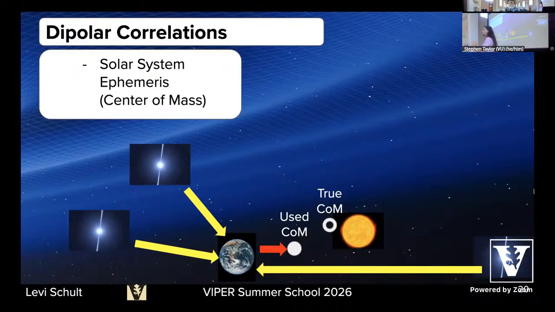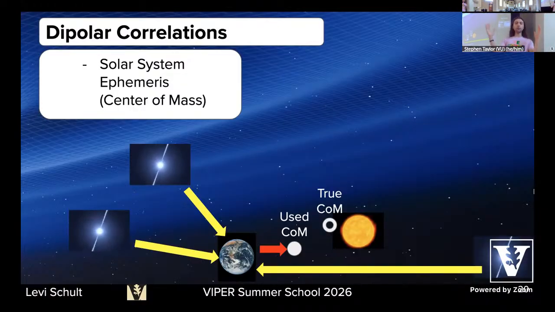This is just a model for the positions and locations of masses throughout the solar system. So where's the sun? Where is Jupiter? Where is Saturn? Because all of these things are going to slightly offset where the center of mass is.